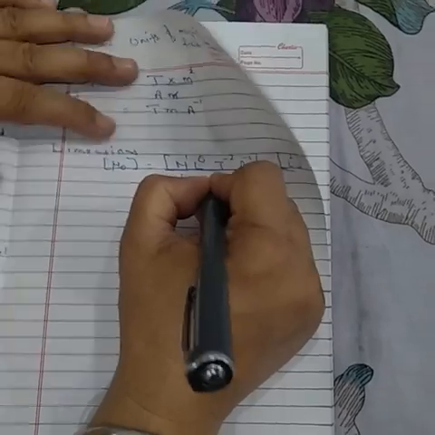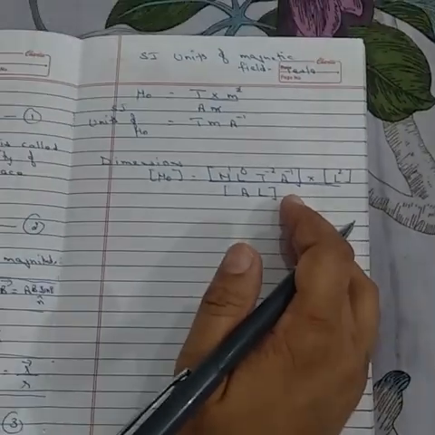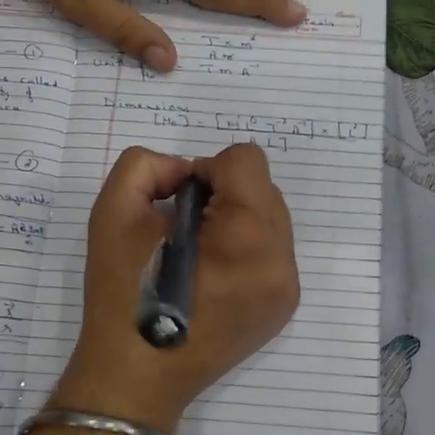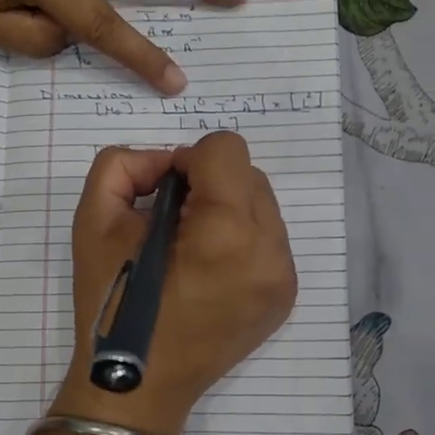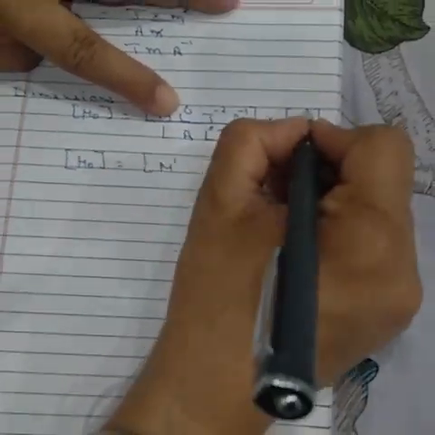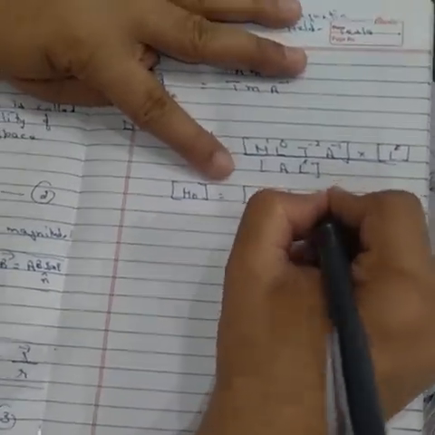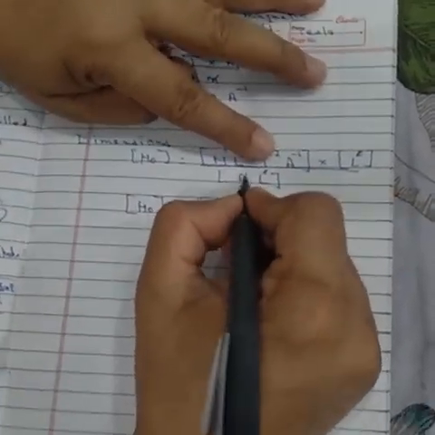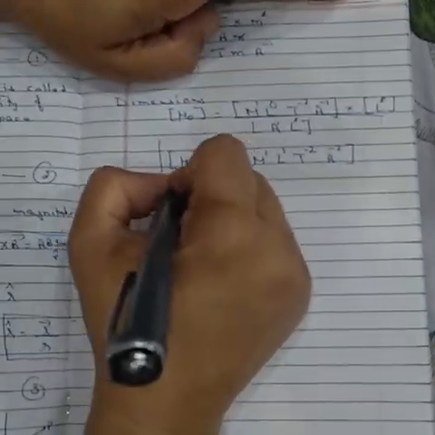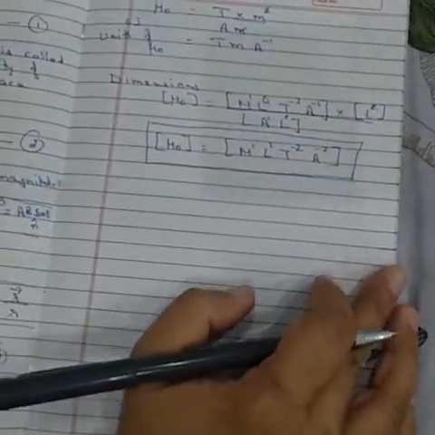I is ampere, and dl is length L. Sin theta is a dimensionless quantity. So the dimensions of mu naught come out to be M1, L here is 0, here is 2, here is 1. So L in the denominator cancels out. What do we get? L1 T minus 2 A minus 1, and here is A1, so it will also be minus 1, A minus 2. So the dimensions of mu naught are M1 L1 T minus 2 A minus 2.